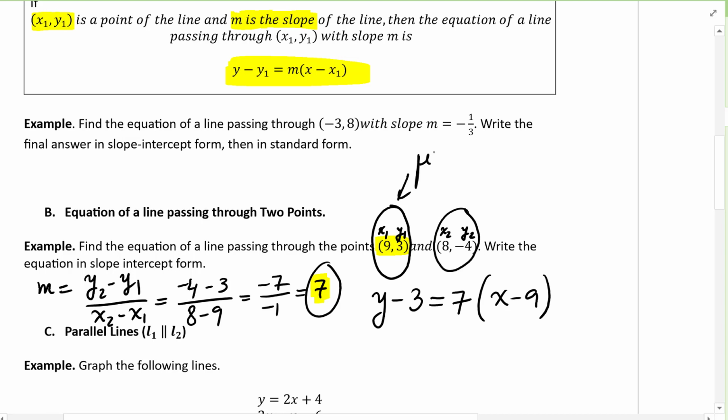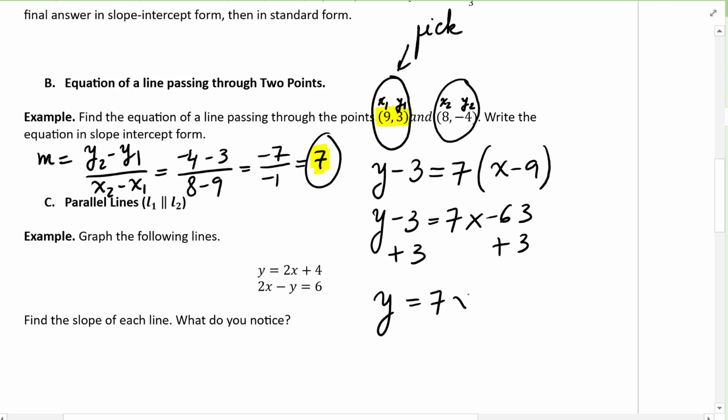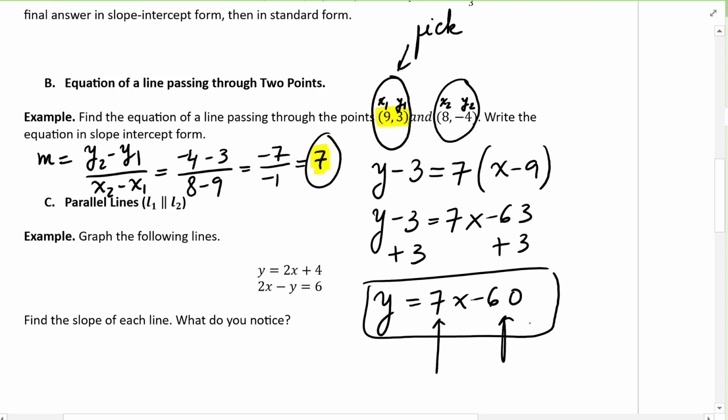We just pick this one, but we could have picked the second one as well. We would get exactly the same answer. So if we do the math, y minus 3 equals 7x minus 63. Add 3 to both sides, and we get y equals 7x minus 60, and this is in slope-intercept form. This would be the slope, and this would be the y-intercept.